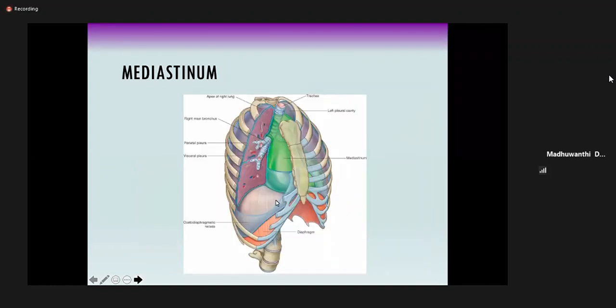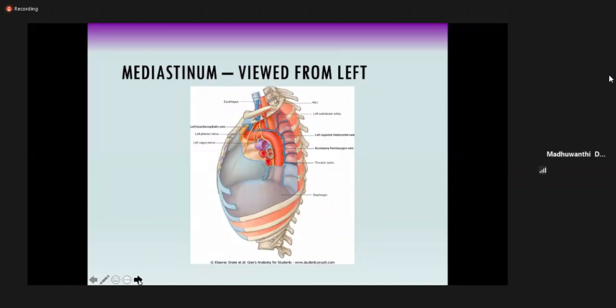Then you can see the pictures here. You will also have to see the relations, how the other structures are related, and this mediastinum is connected to the lungs through the hilum of the lung. That is where the structures that pass into the lung would be communicating with the mediastinum.